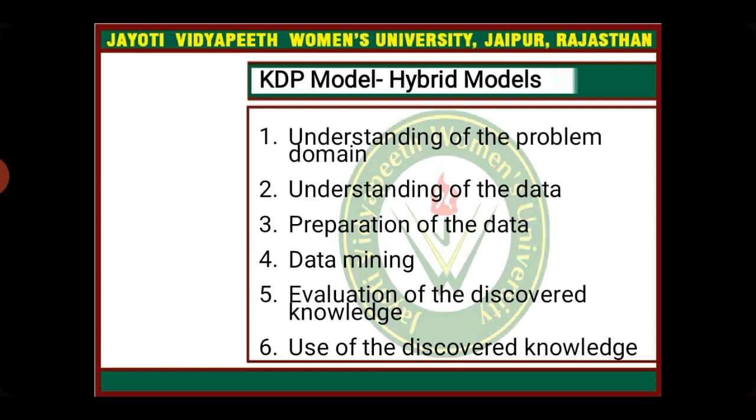In these cases, the entire knowledge discovery process must be repeated. The seventh is from evaluation of the discovered knowledge to data mining. This loop is executed when the discovered knowledge is not novel, interesting, or useful. The least expensive solution is to choose different data mining tools and repeat the data mining step.